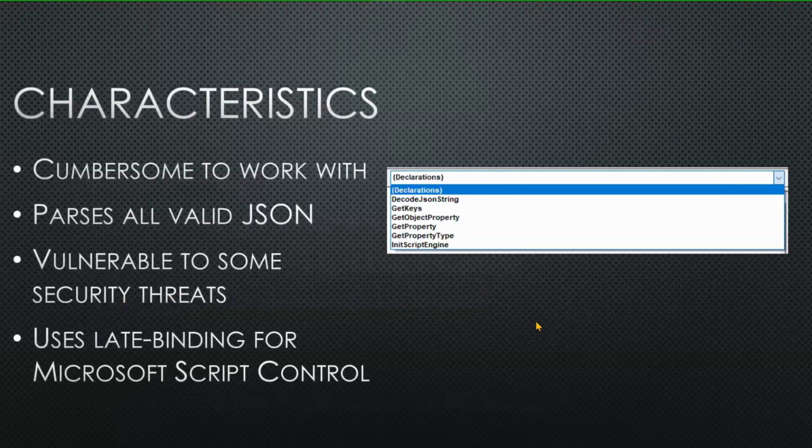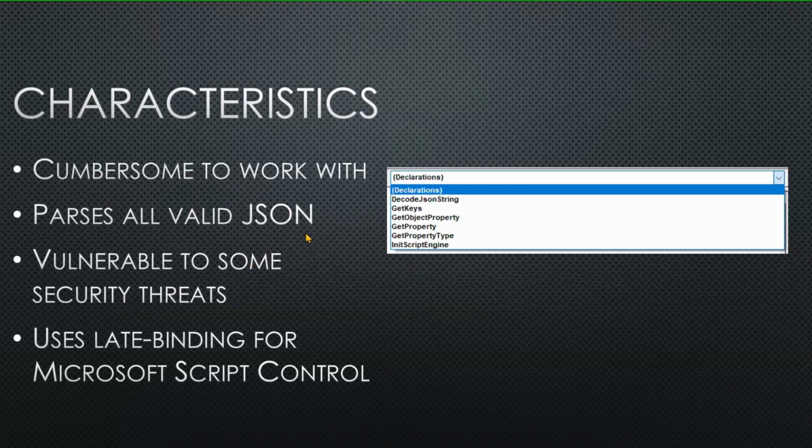But otherwise, I can provide that if you guys don't have it. Okay, using this, I find that it's cumbersome because it's very simple. You see, it's only got these functions in it because it's relying on the JavaScript engine. So with its simplicity, I find that it's very cumbersome to use and to work with. However, it does parse all valid JSON, not like the other one.